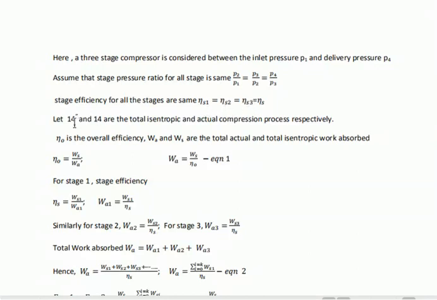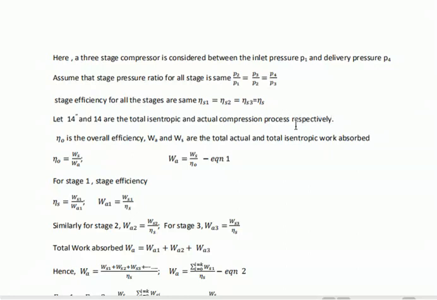Okay, let 1-4'' and 1-4 be the total isentropic and actual compression processes respectively, or the total isentropic work done and the actual compression work done respectively.